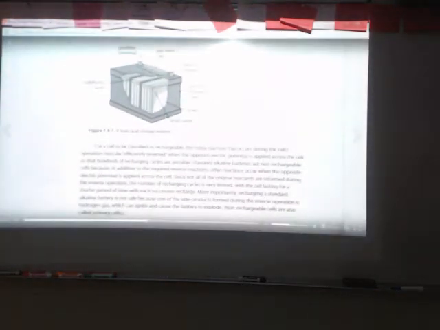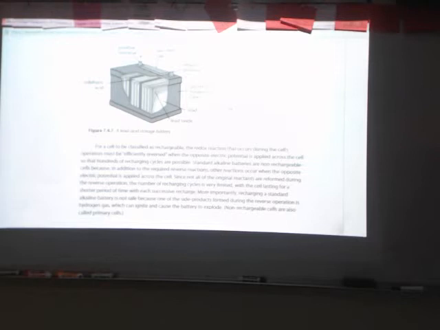This is what a lead acid storage battery looks like. The lead alloy grids are packed in a spongy material, and they are in sulfuric acid. And they don't have a separate anode or cathode because the oxidizing and reducing agents are both solids.